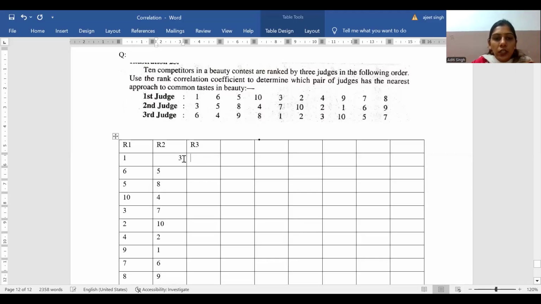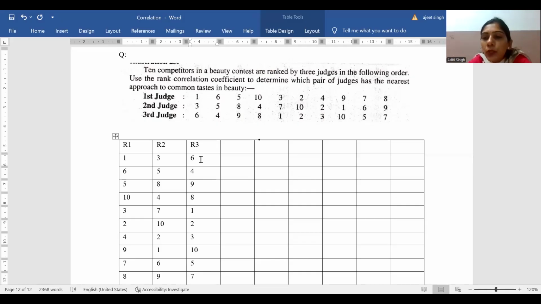Now judge 3 gave the ranking in the following order: 6, 4, 9, 8, 1, 2, 3, 10, 5 and 7. Okay, so these are the rankings given by the three judges.